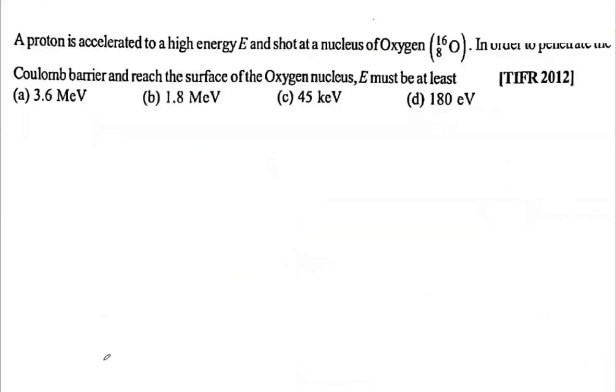Moving towards the next problem, which came in the Tata Institute of Fundamental Research examination. This is also a very famous research institute. For research aspirants who want to do further research, it has many branches.